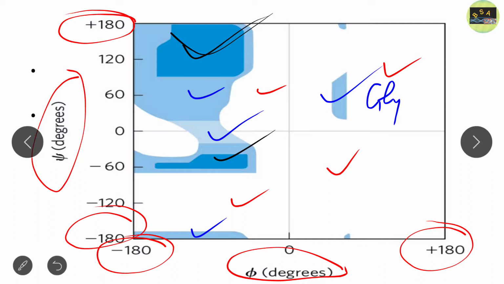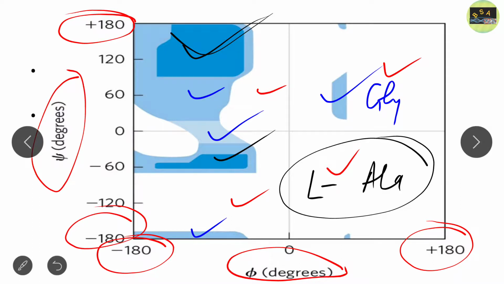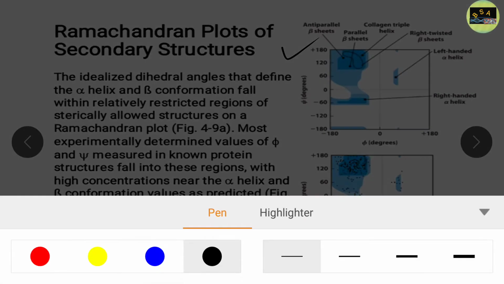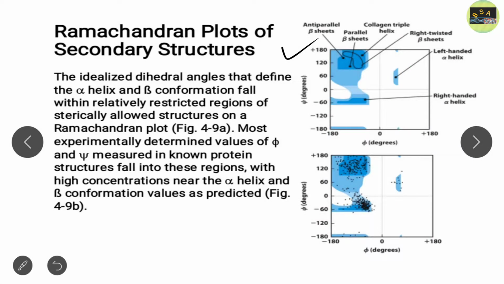This plot was basically studied on L-alanine. Now just look at this. If you look at this map, here you can find the left-handed alpha helix, L alpha H. Here the psi angle is plus, and the phi angle is also plus.